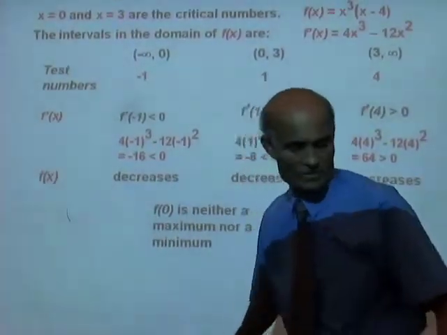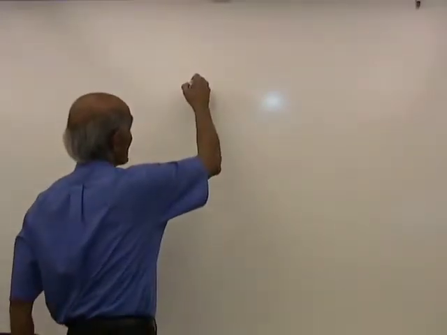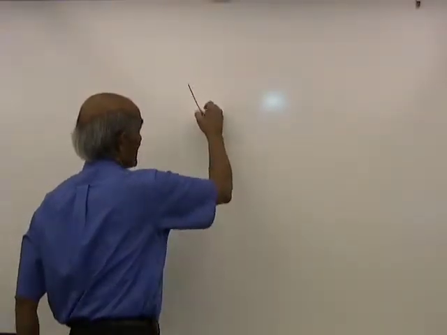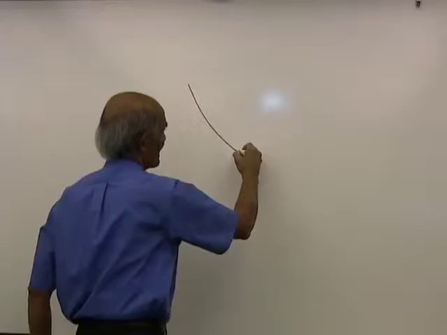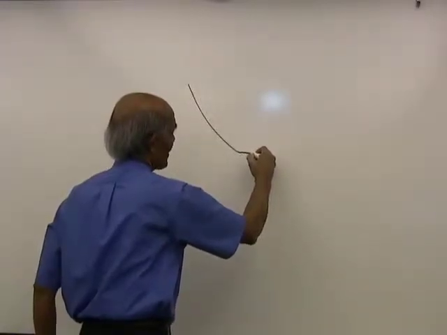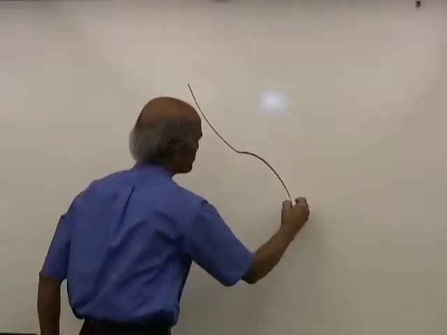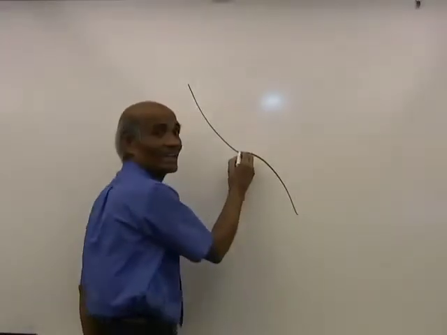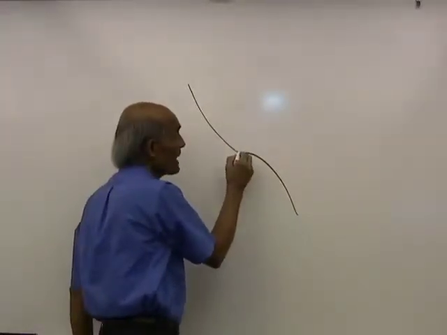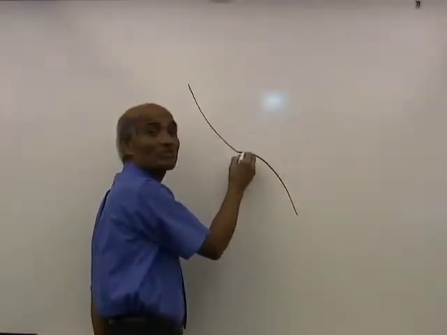Well, that's pretty messy. What it tells you is that on one interval it is decreasing, and on another interval also it is decreasing. Look at that. In between you have a place where the derivative is 0.